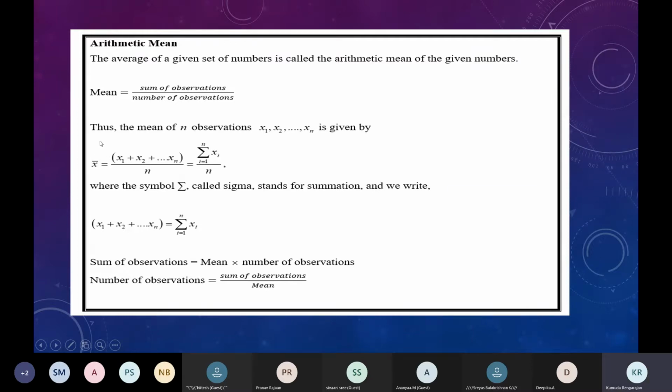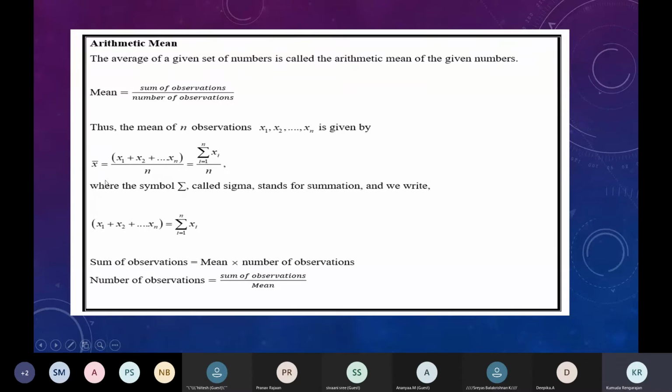This is read as x bar. It's the symbolic way of writing mean. Mean symbolically is written as x with a bar on it, which is read as x bar. So this is how it's written symbolically, and it's pronounced x bar.